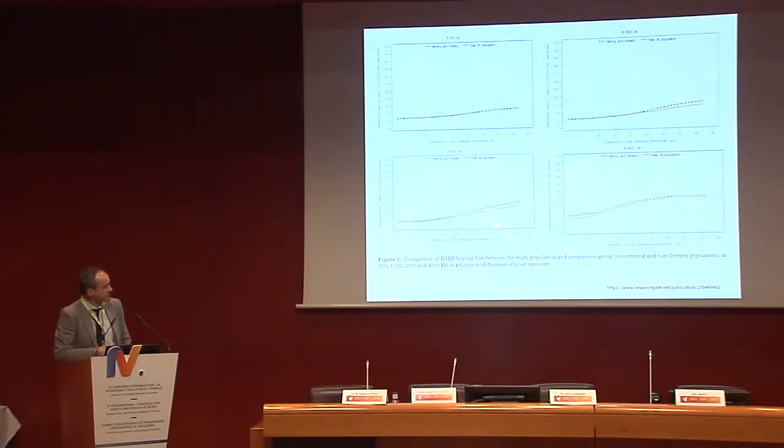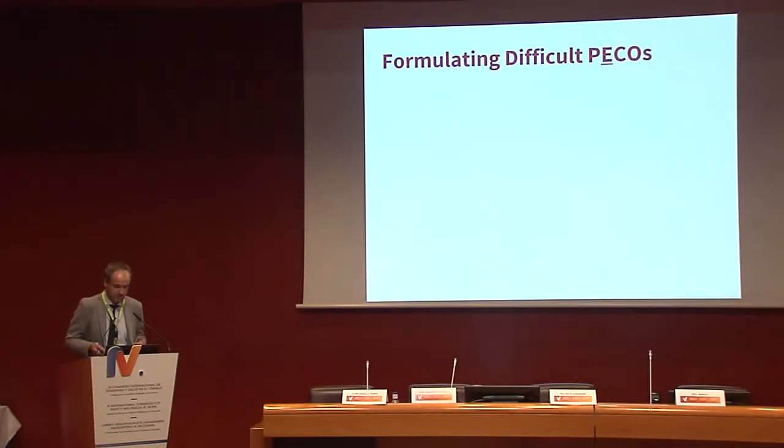This is, for instance, how miners compare to the regular population and how exposure to different types of noise at the workplace leads to a certain deficit. And you see there that these are different shapes of distributions. And under those circumstances, asking the right questions becomes much more complicated.